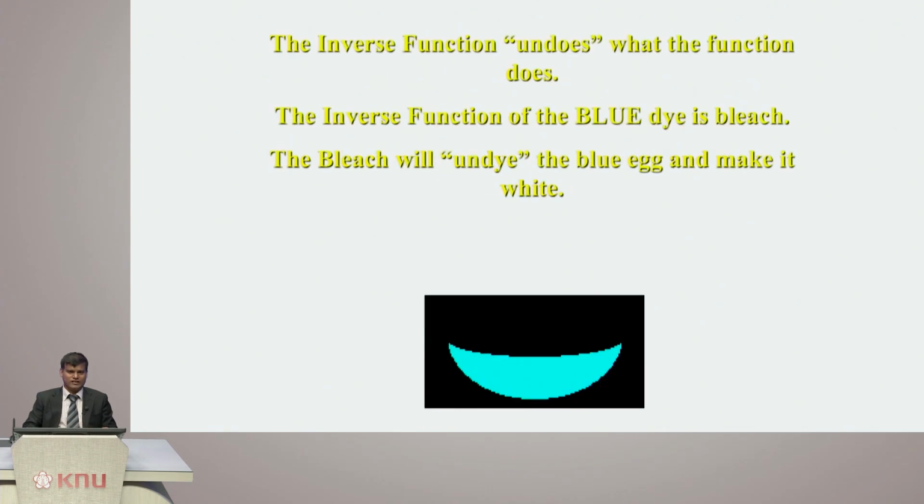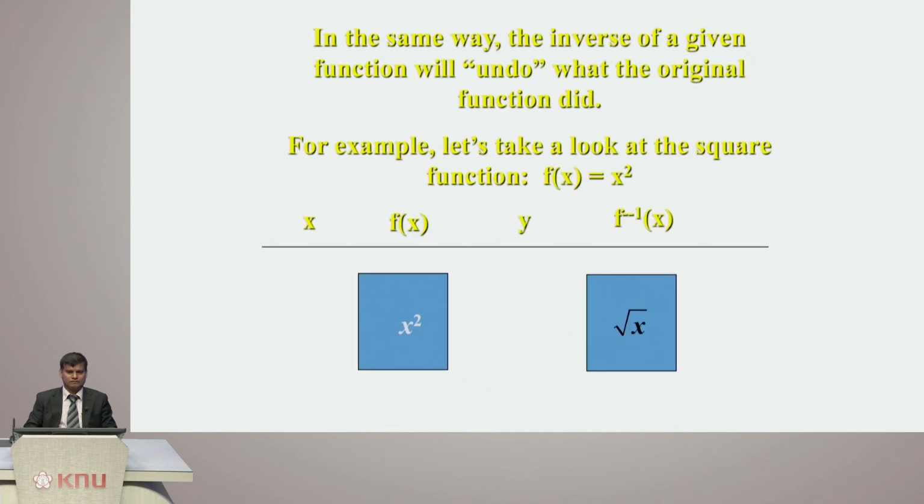In other words, the inverse function undoes what the function does. We just saw that the white has been turned to blue. Now if you turn the blue to white, then that is an inverse function. Yes, that's what we are going to consider about the inverse function. Let's see here with some numbers.